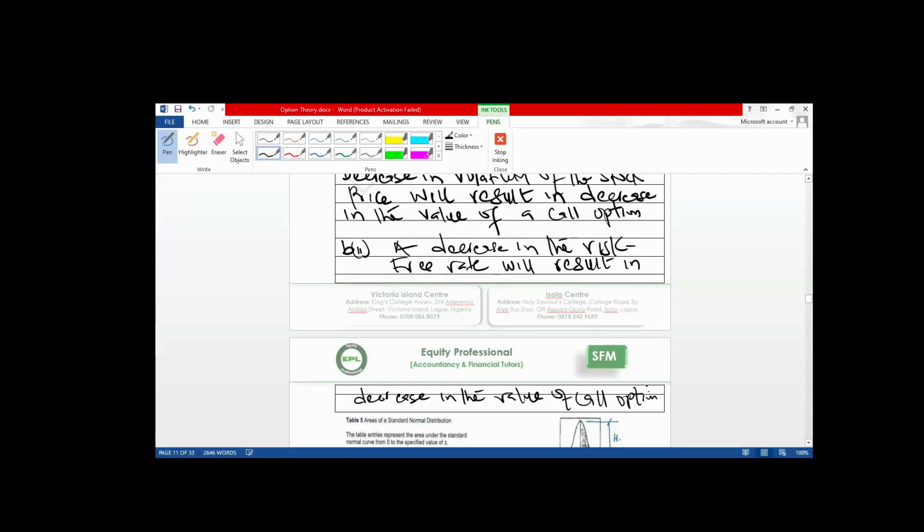Because we said rho is positive for call. For rho to be positive, both the risk-free rates and the value of the call option must move in the same direction.